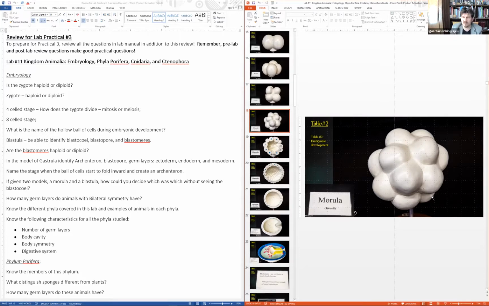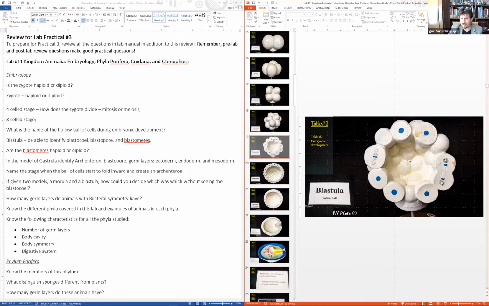Over 16, probably 32, 64, that's most likely a blastula. You're just counting the cells. And of course, on the lab practical, if you don't see the cavity, it's most likely a morula. All the blastulas actually show the blastocoel. So easy.